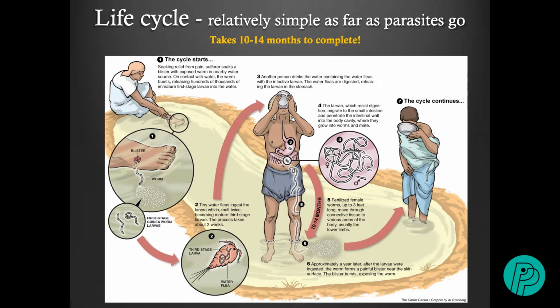And then if that water is ingested by a human or other appropriate definitive host, those parasites will break out of the copepods, migrate into the abdominal cavity where they mature and mate, and then the female migrates to subcutaneous tissues, where, unfortunately for people like me who study this parasite in the lab and the field, it can take 10 to 14 months for completion of the life cycle. So that female remains in the subcutaneous tissues where she further matures and starts to produce larvae. And at the end of this period, generally around 12 months, she emerges and releases larvae for the parasite's life cycle to continue.